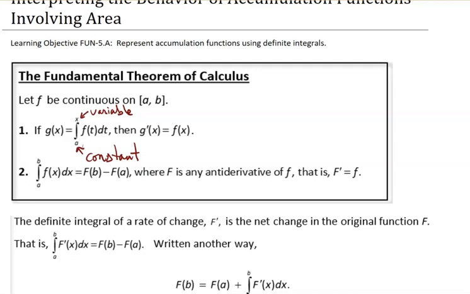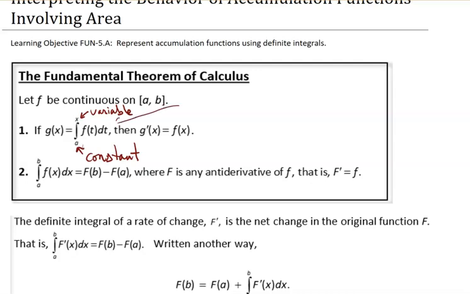Okay, so what's the conclusion of this? If g of x is the integral from a to x of f of t dt, then g prime of x is equal to f of x. In other words, the derivative of this function is the value of the function on the inside. Let me say this another way. This is called an accumulation function.